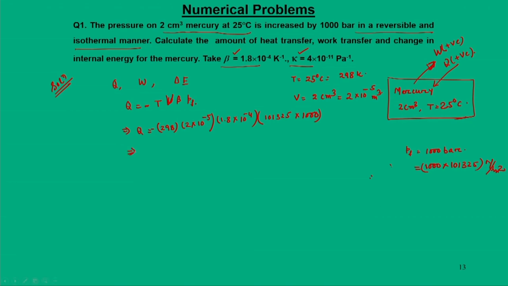And after simplifications we get Q as minus 108.7 joule. Okay. And since this is negative, we say that heat is absorbed.